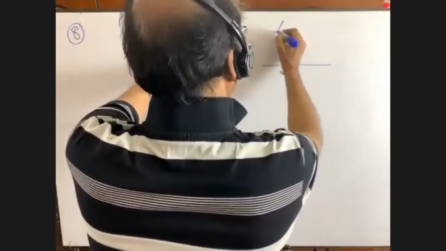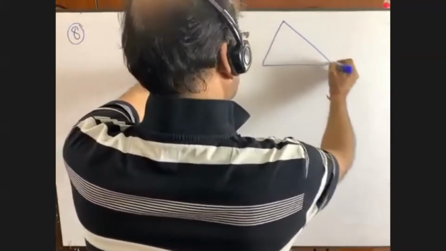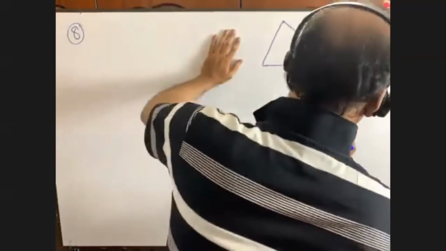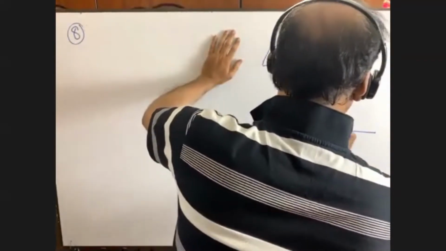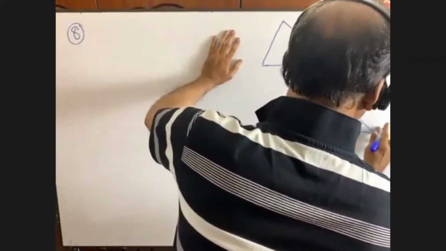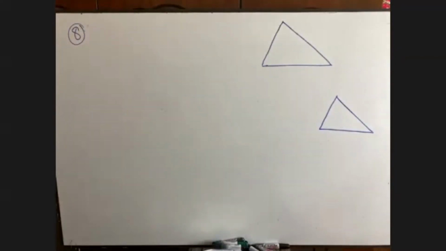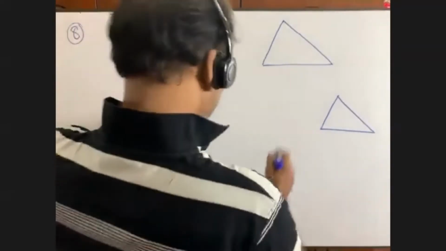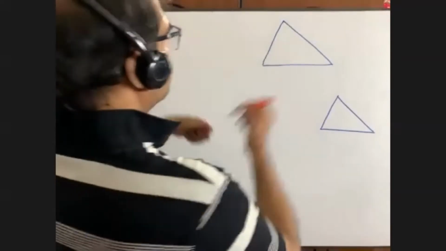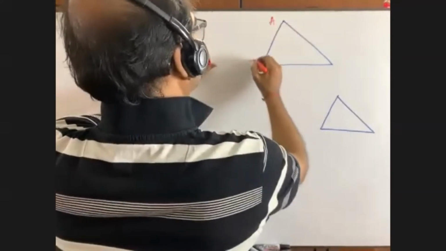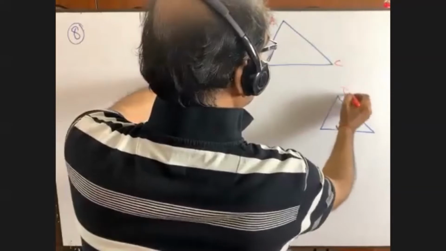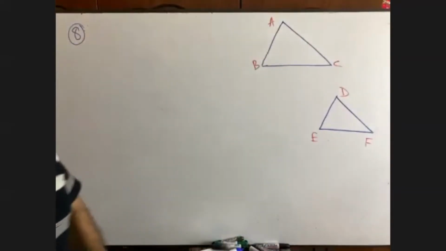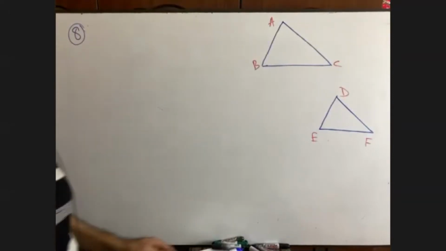Suppose this is one, and another triangle. We can name the triangle as ABC, and here it is D, E, and F. Okay, we have got two triangles, ABC and DEF.